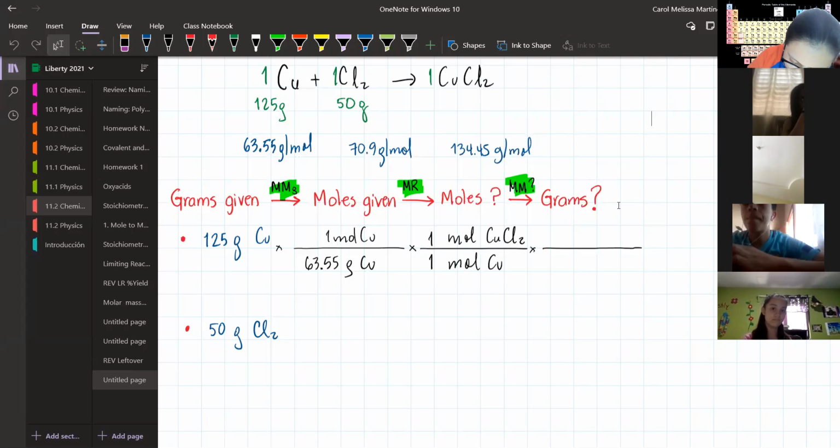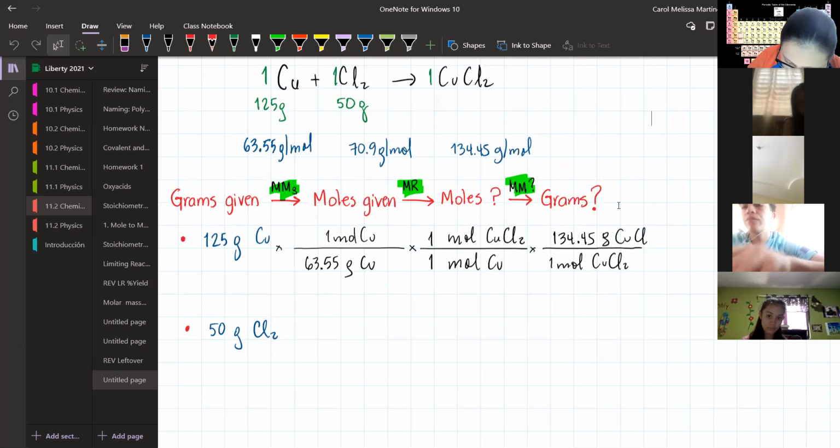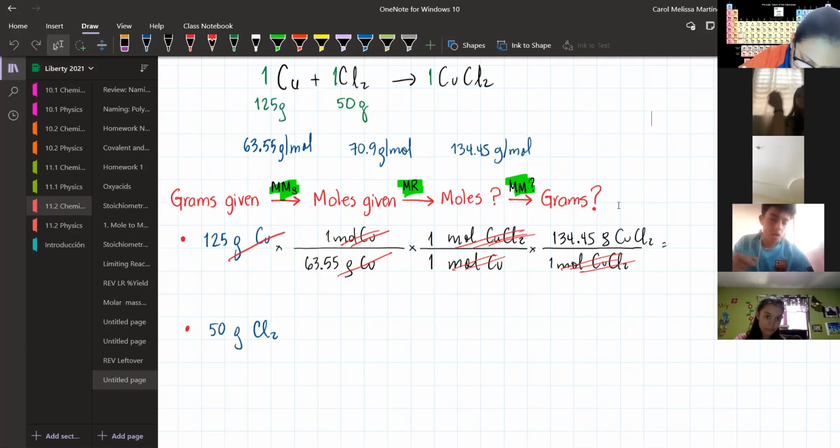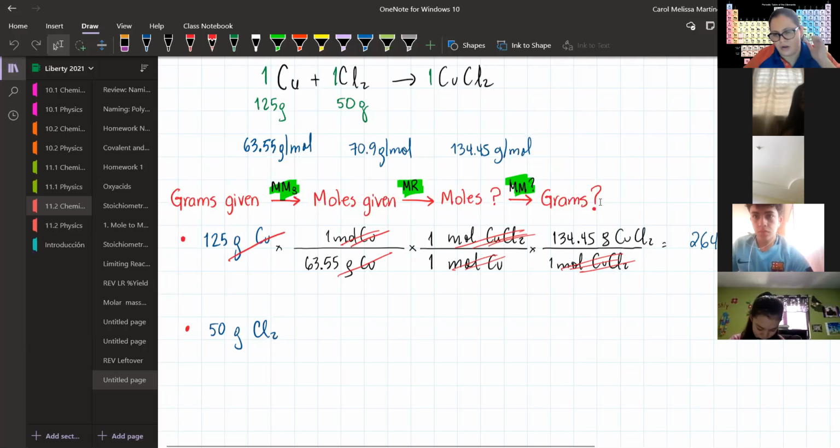In 1 mole of CuCl2, I have 134.45 grams of CuCl2. How much do you get from this? 264.23 grams of CuCl2.